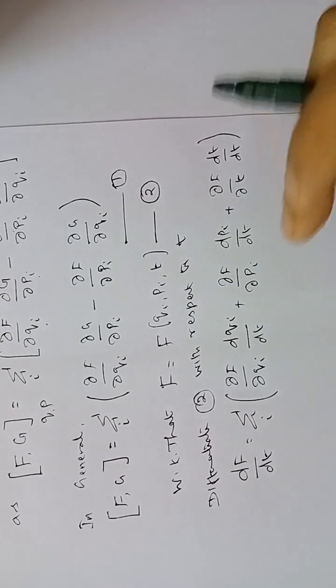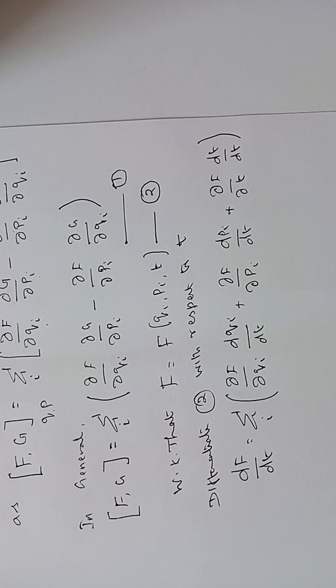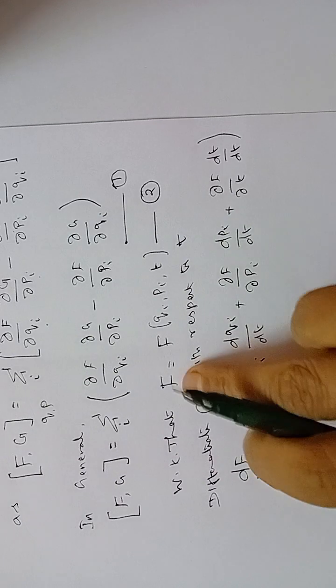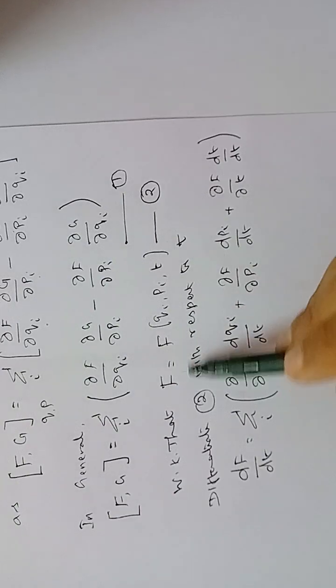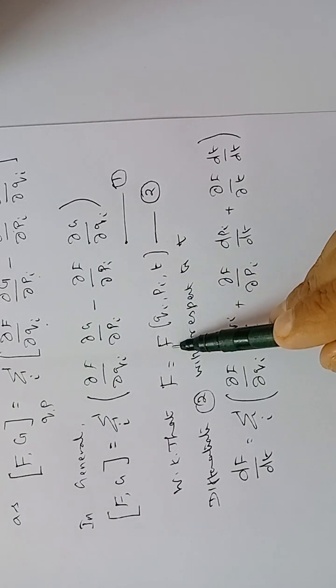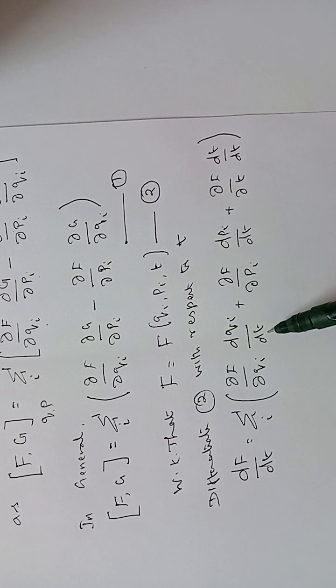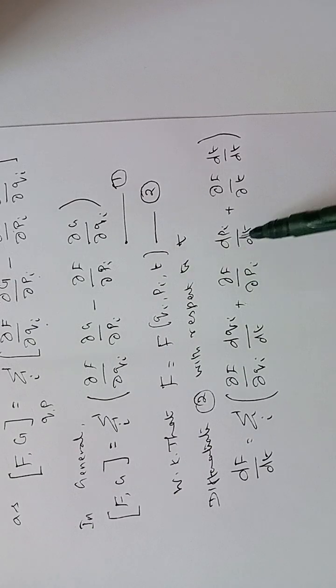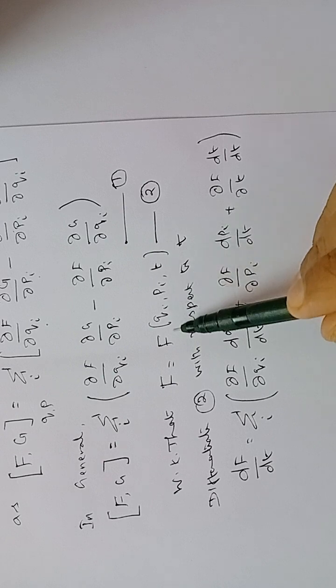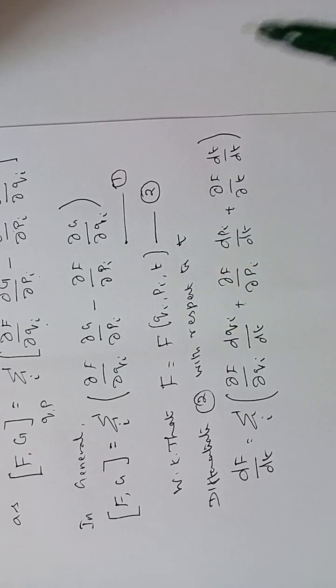These things we already saw in the earlier topics. We saw how to differentiate with respect to time t. We know these things. That is, dou f by dou qi into dqi by dt plus dou f by dou pi dpi by dt plus dou f by dou t into dt by dt.